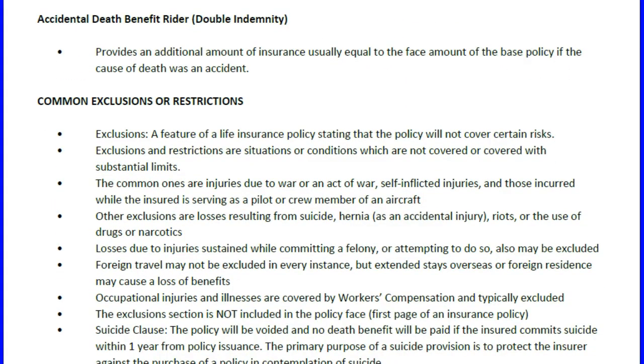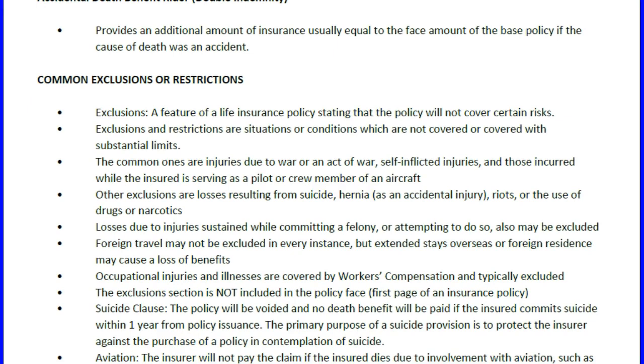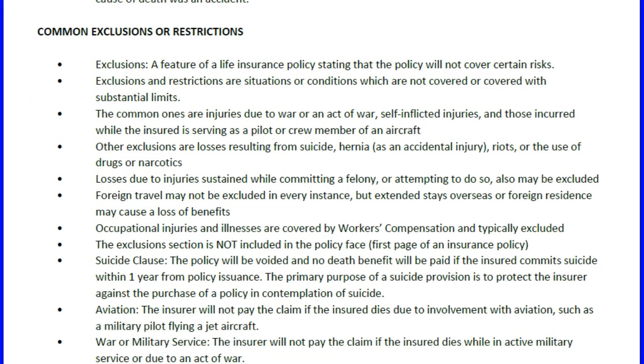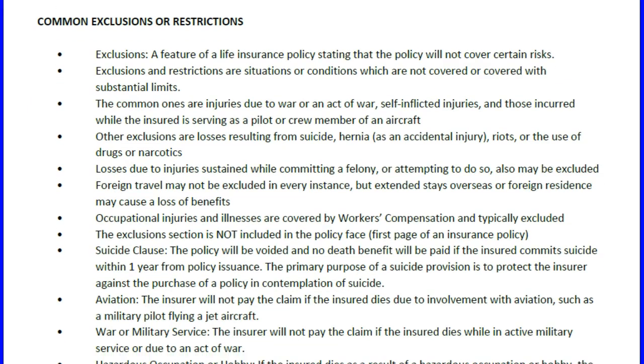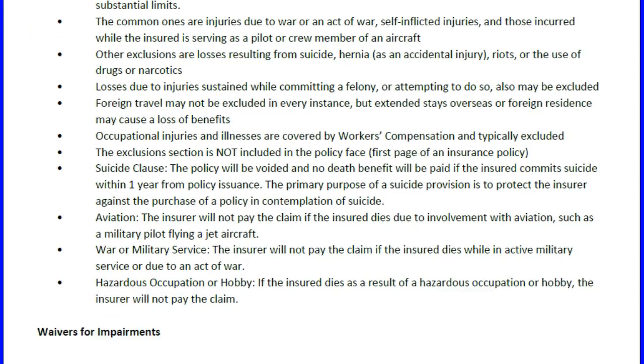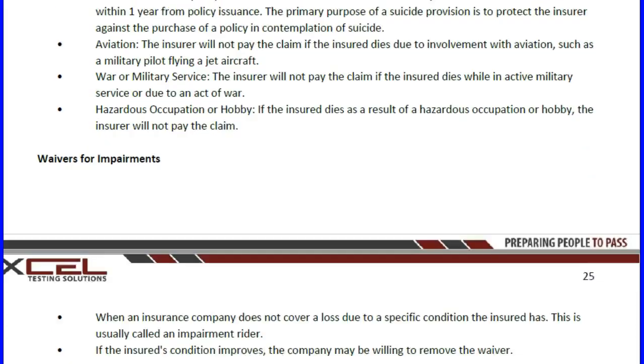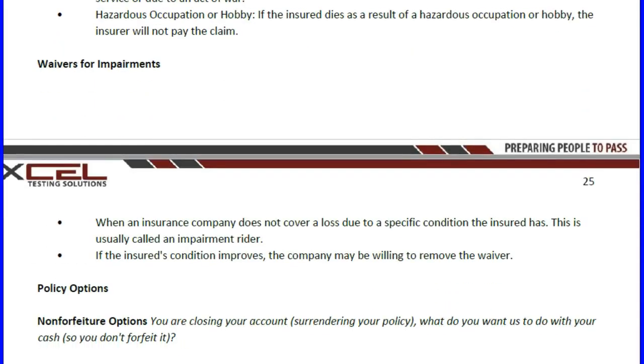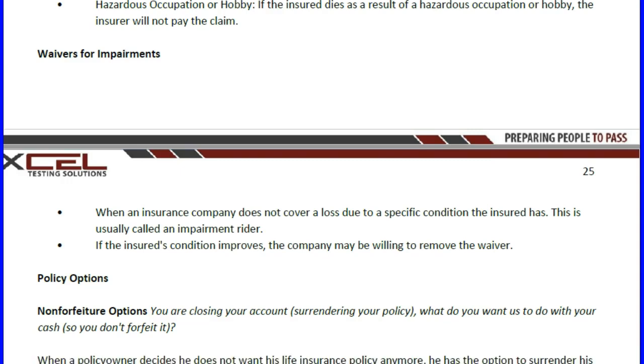And then we have several different things about exclusions, like the suicide clause. If it's over 2 years, they cannot go after you. Waivers of impairments, if an insurance company does not cover a loss due to a specific condition that the insured has, this is called an impairment rider.